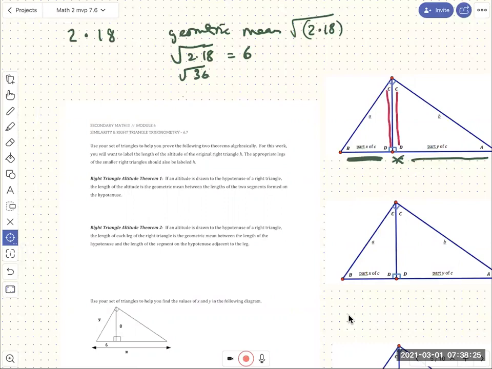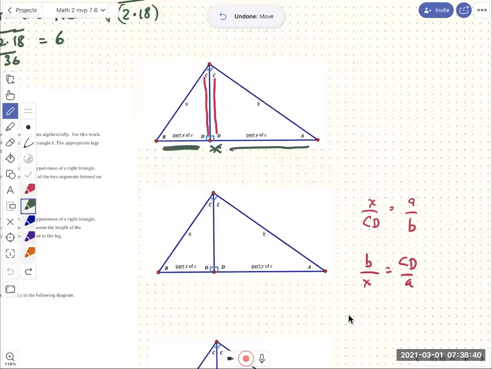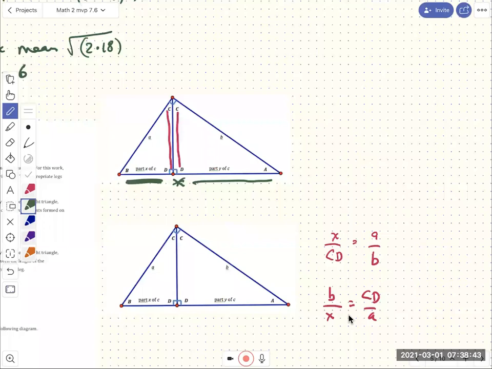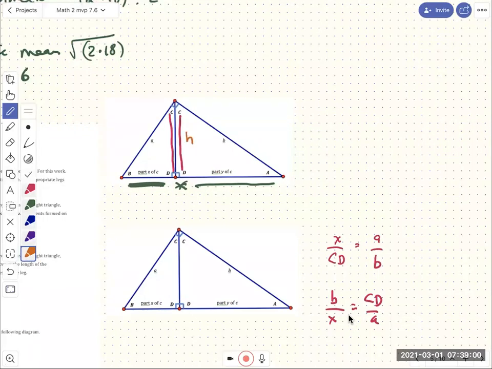It's saying that for the small triangle, the small leg to the medium leg is like in the other one. So it's kind of similar to what we've had before. Let's see what we can write down and see if we can get that to come out. We'll call this altitude H maybe.